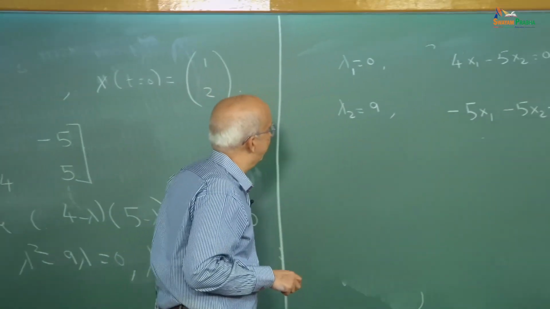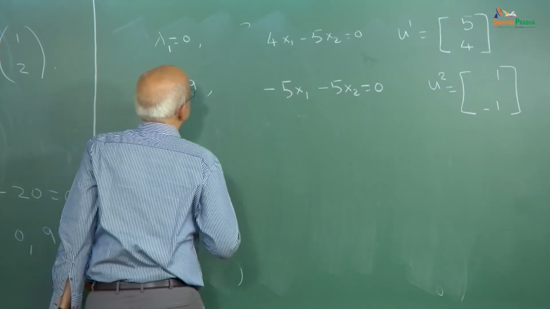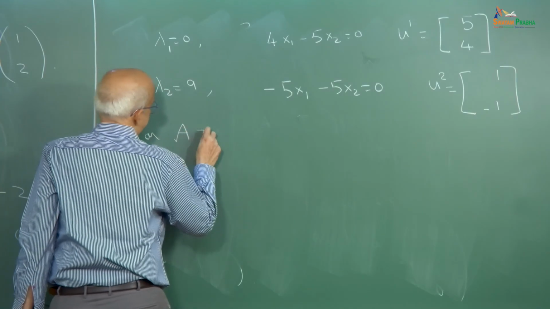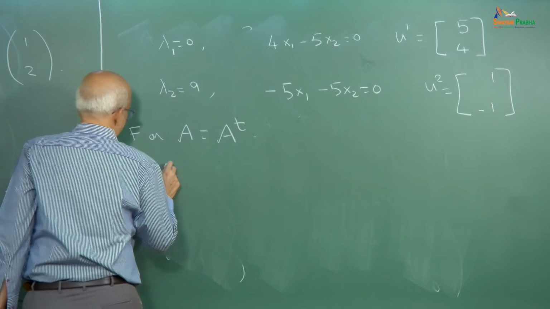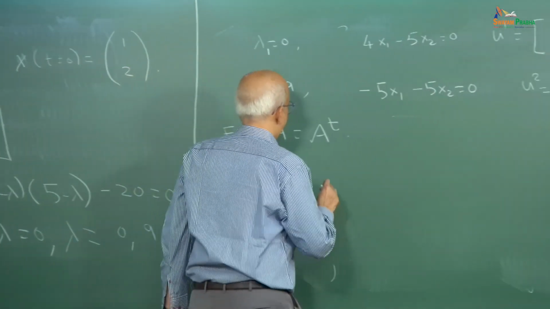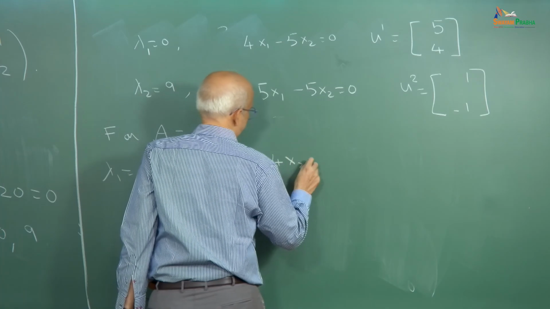I need to similarly find for the transpose, okay. So, now for A transpose, lambda equals 0, I have 4 x1 minus 5 x2 equal to 0.